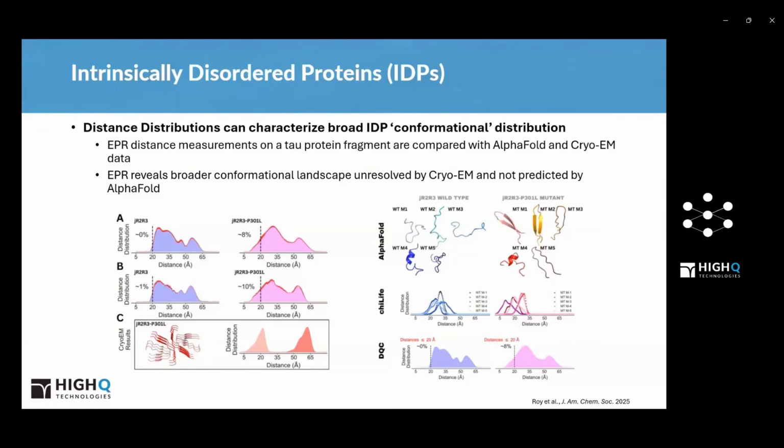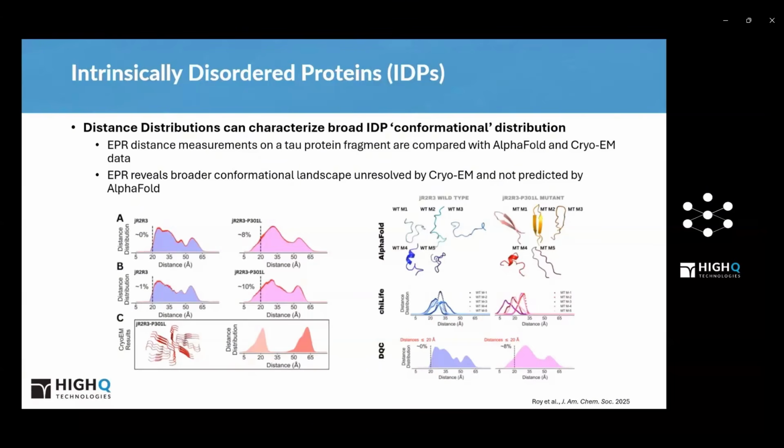They did the same thing with AlphaFold, where they had AlphaFold generate a few different possible structures for these tau fragments. They did some simulations and modeling to determine what the proposed EPR distance distributions would look like, and then compared that to the actual EPR distance distributions. And it's the same story where there's a whole set of conformations that aren't captured by AlphaFold, that aren't captured by cryo-EM, that EPR has given you insight into.